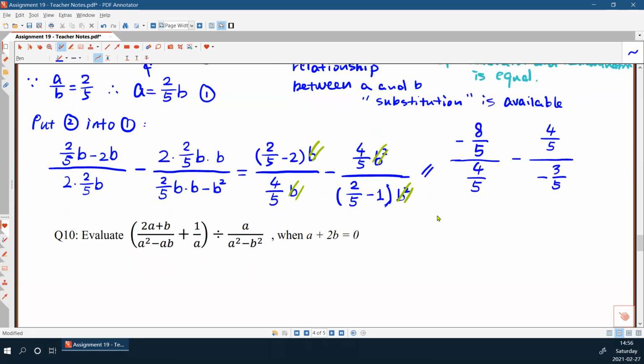Okay, so now the first part is minus 2, right? Second part, minus minus is plus. So plus 4/3. And then the final result is minus 2/3.